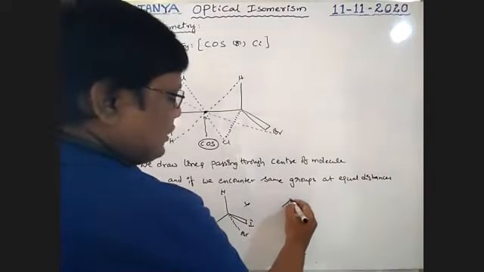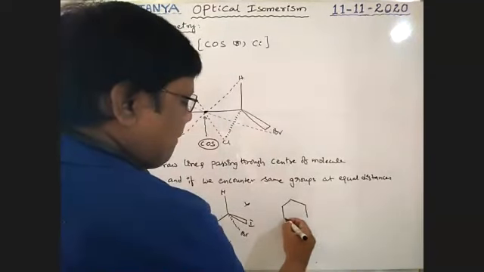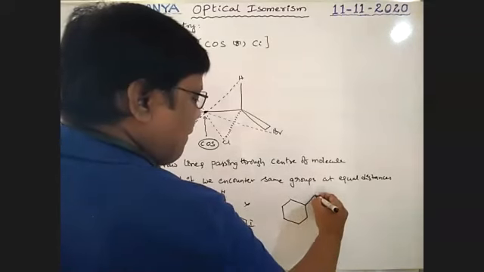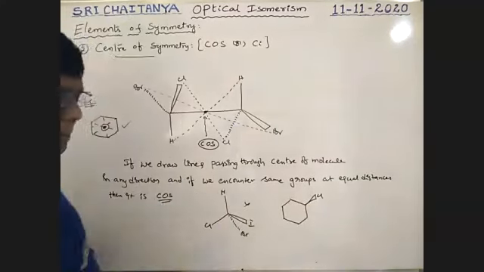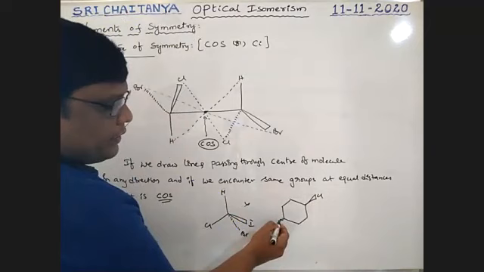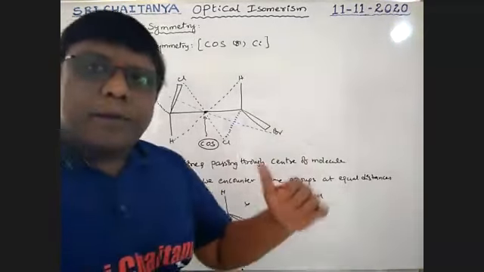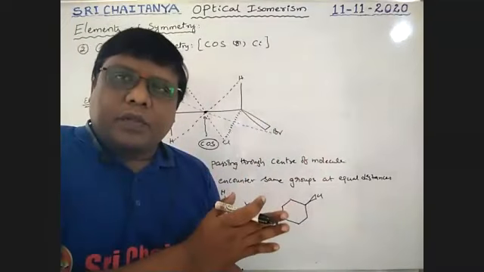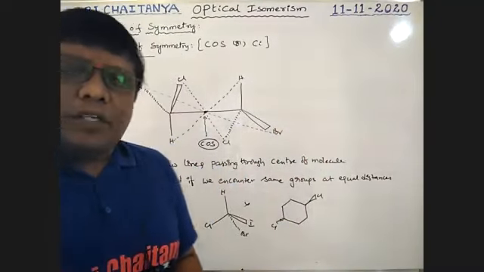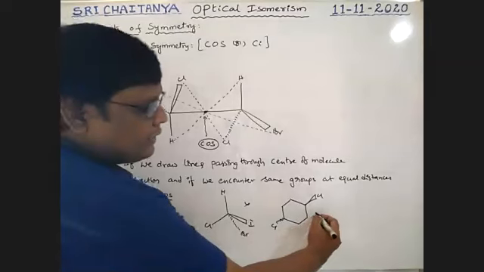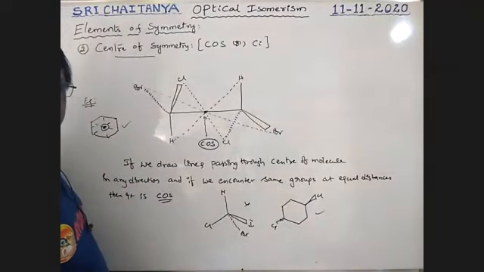Now, this is the molecule with chlorine exactly opposite, chlorine, boys. That means one is above the plane, the other is below the plane, and they cross. Accepted, boys. So therefore, it has a center of symmetry.